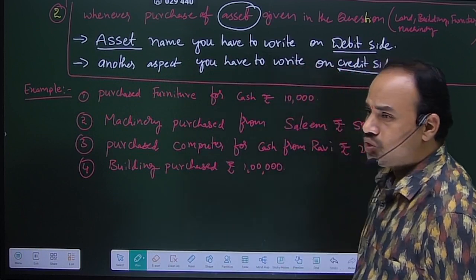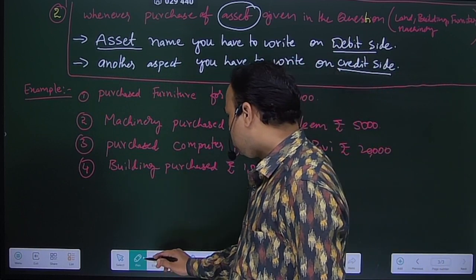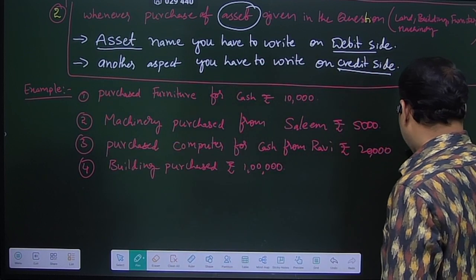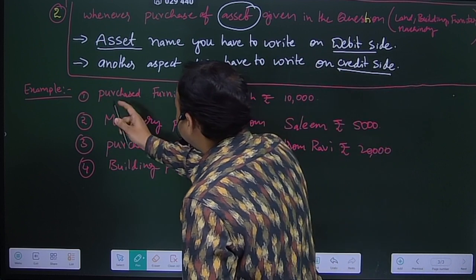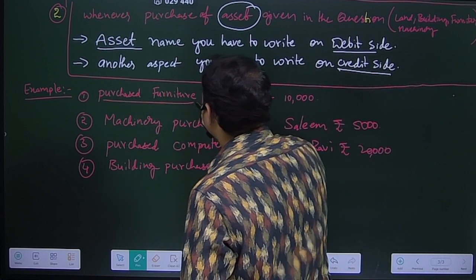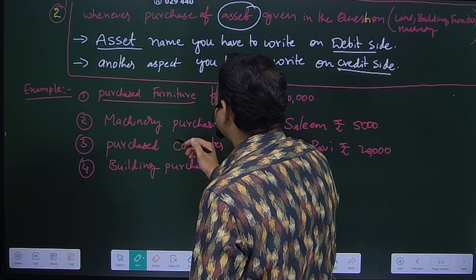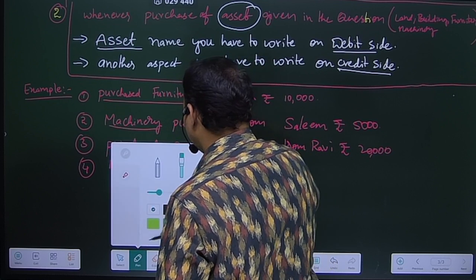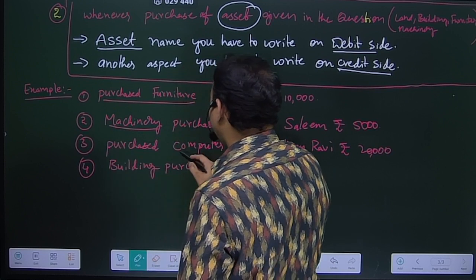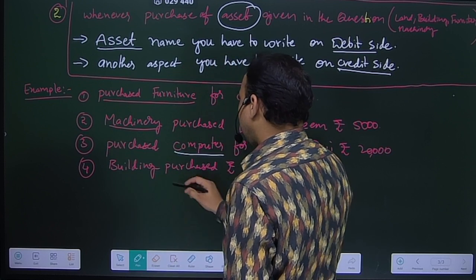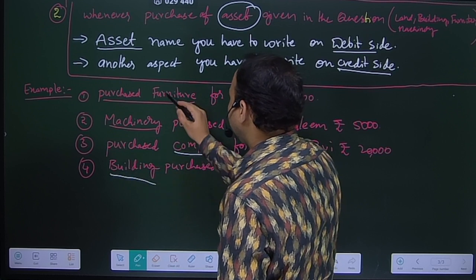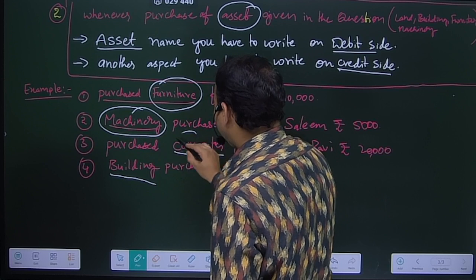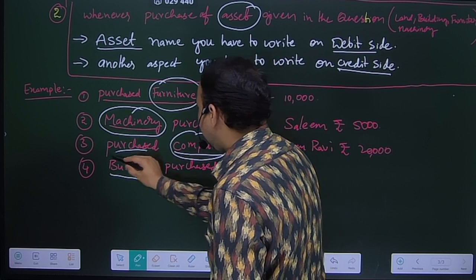If you observe this question and the previous question, see here what we purchased. Here furniture purchased, here machinery purchased, here computer purchased, and here building purchased.